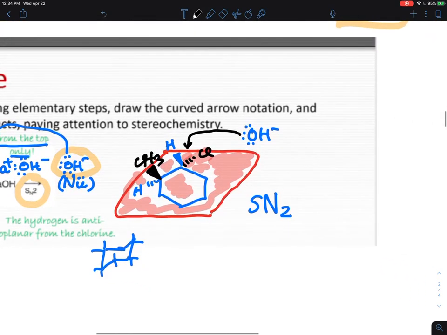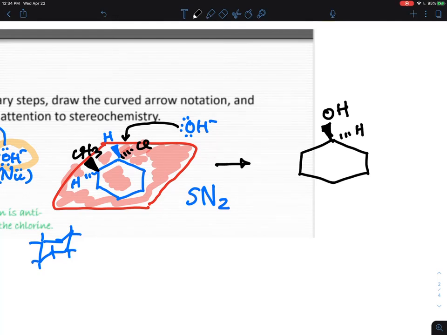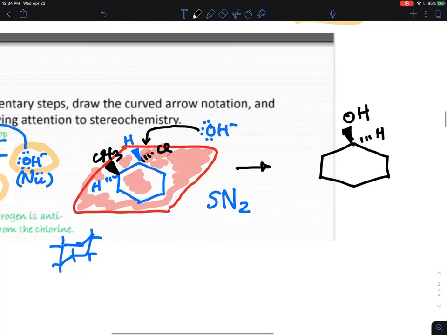So by doing so, your final product has this one on the plane, but now the chlorine is gone, and the OH minus is on the top, forming the bond, and naturally the hydrogen is on the other side to keep the tetrahedral structure.